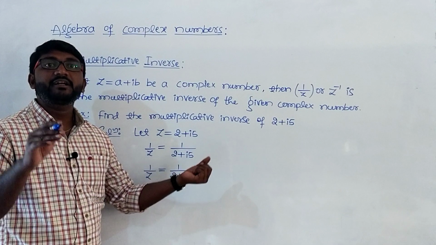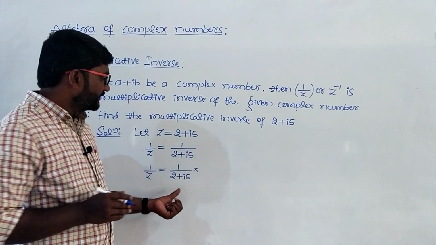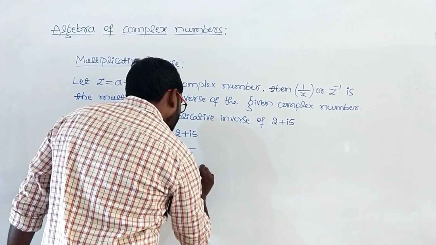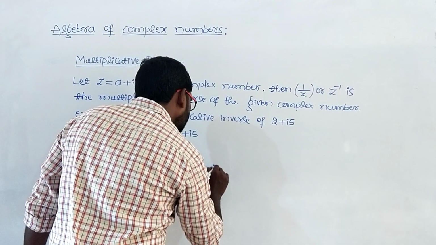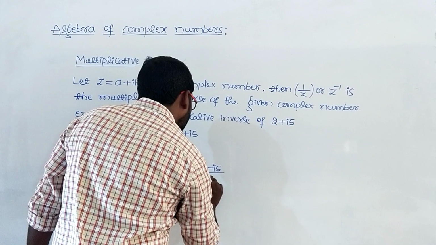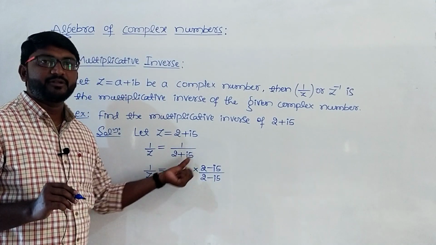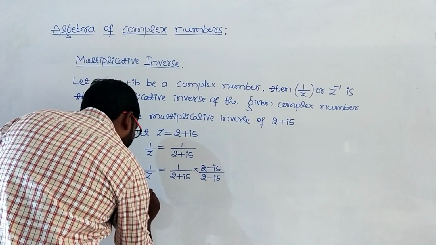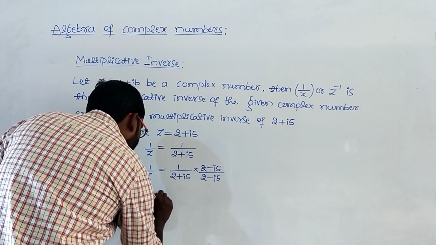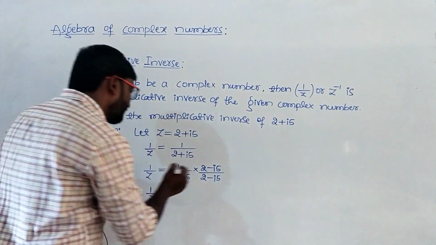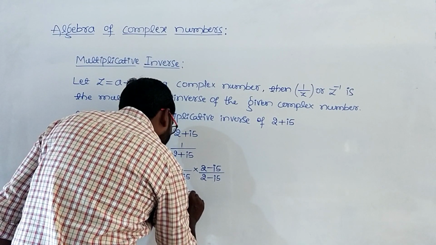We discussed the conjugate in the bridge course classes. So now multiply and divide by the opposite sign of the denominator, 2 minus i5, divided by 2 minus i5. So now 1 by z is equal to, look at the numerator: 1 into 2 minus i5 gives back the same term, 2 minus i5.